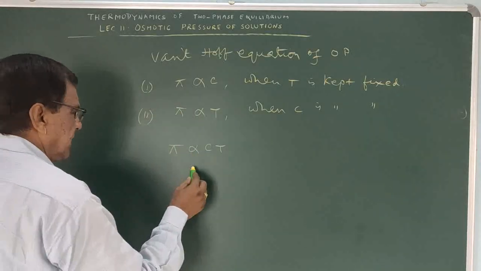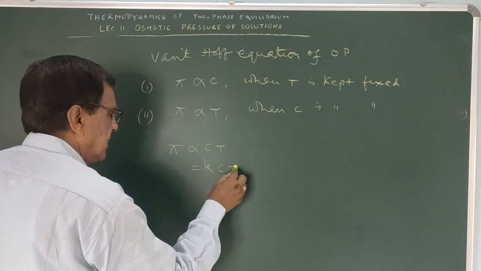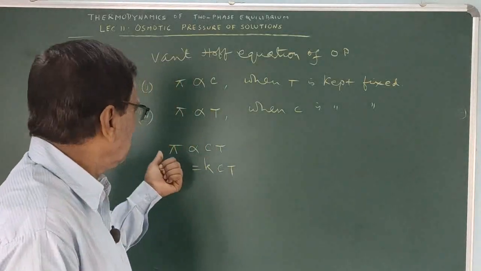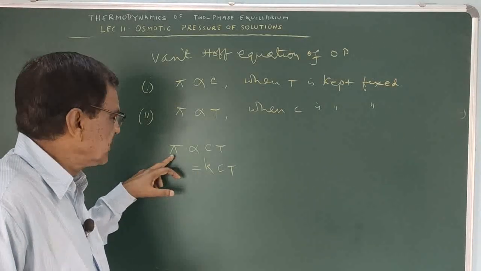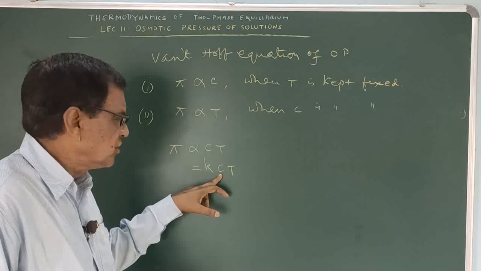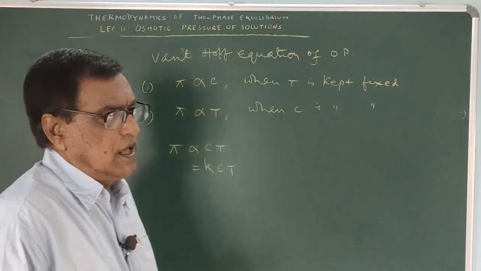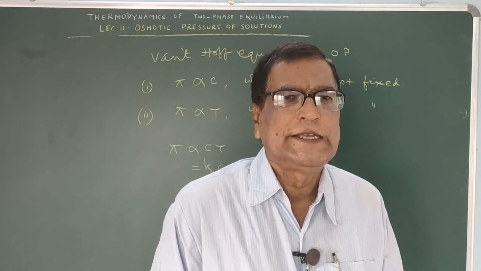And to make it equal, a proportionality constant K is inserted. Pi is the osmotic pressure of the solution having molar concentration C at temperature T, and K is the proportionality constant.